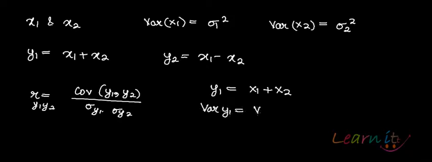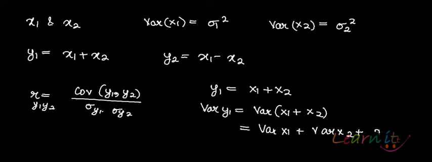It will be variance of x1 plus x2, which will be variance of x1 plus variance of x2 plus 2 covariance x1 x2.